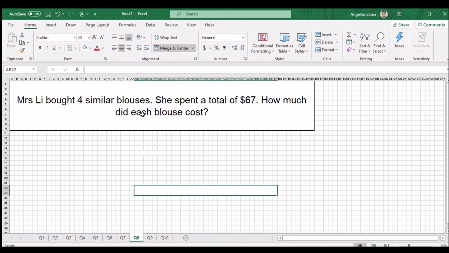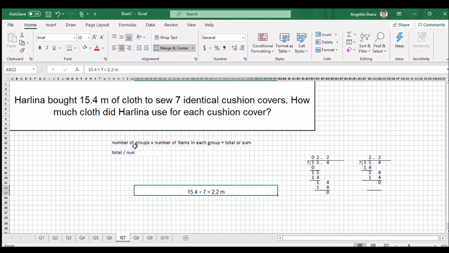Okay, so again, we have the word each in the question. So going back to the concept, number of groups times number of items in each group is equal to total or sum. So if we're looking for the number of groups or the number of items in each group, we need to divide.